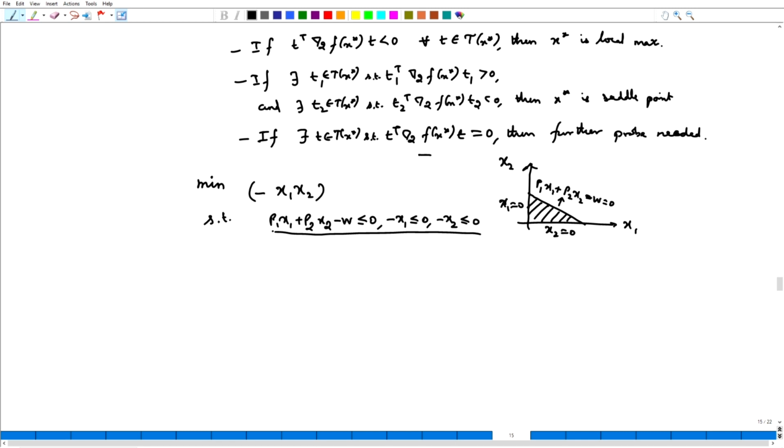And so, x1 and x2 can take values only in this particular set, the shaded region in the figure here. And you are expected to minimize minus x1 x2 or maximize x1 into x2.